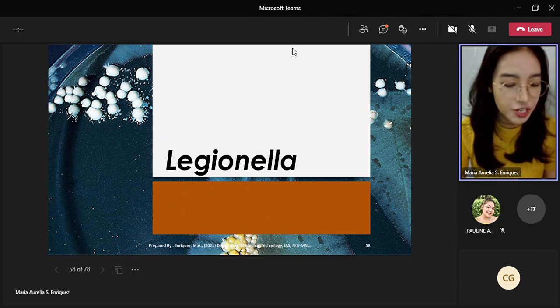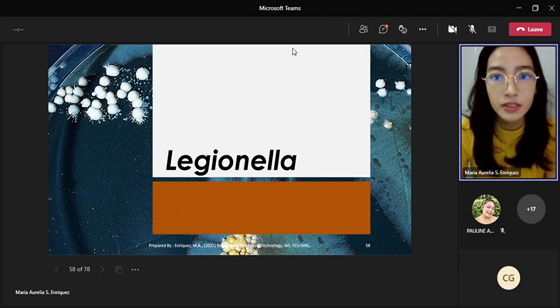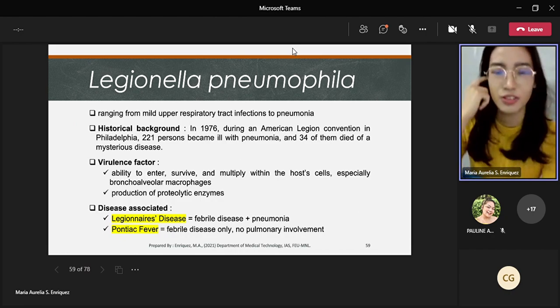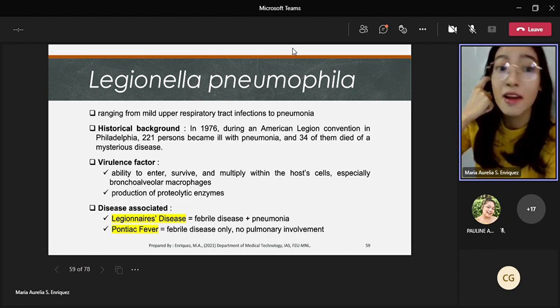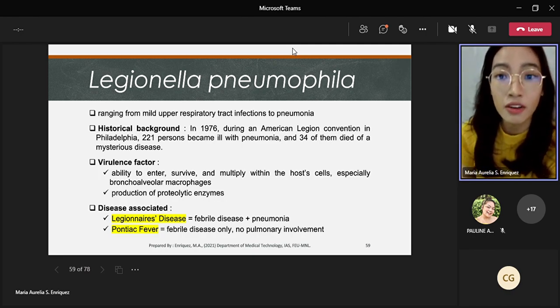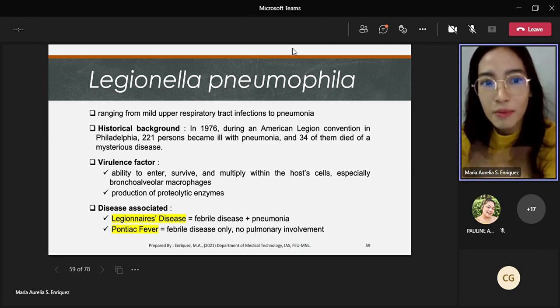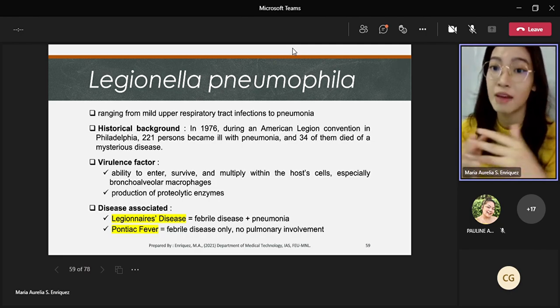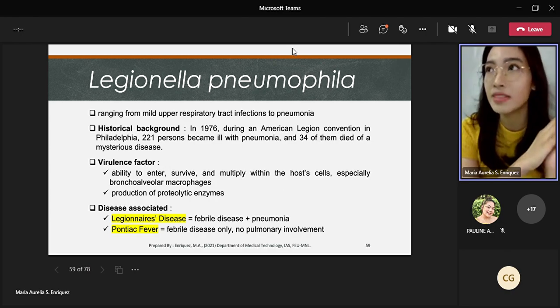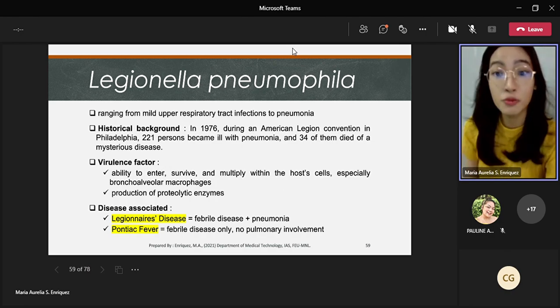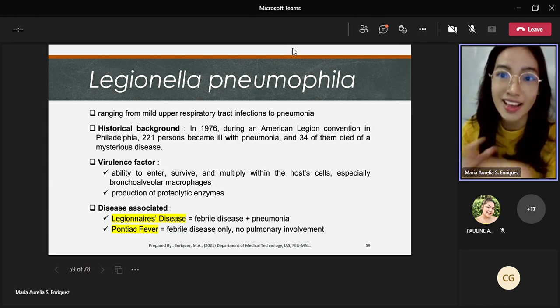Next is Legionella. All right, so this organism was named due to its historical background. Like Haemophilus aegyptius, Legionella pneumophila also has a historical background. Way back in 1976, in a convention of the American Legion, 221 persons fell ill with pneumonia, and 34 out of those 221 died.